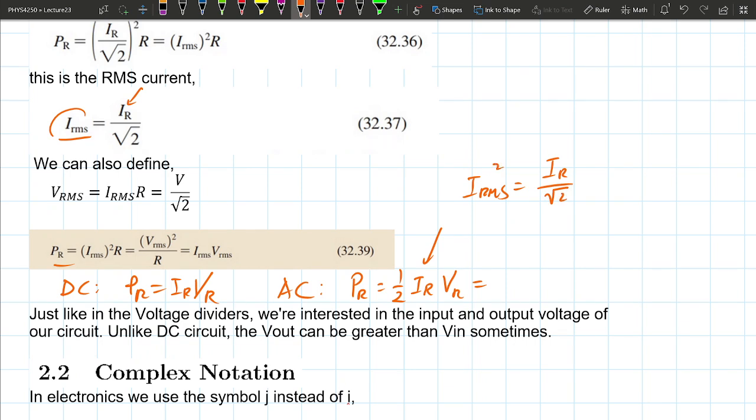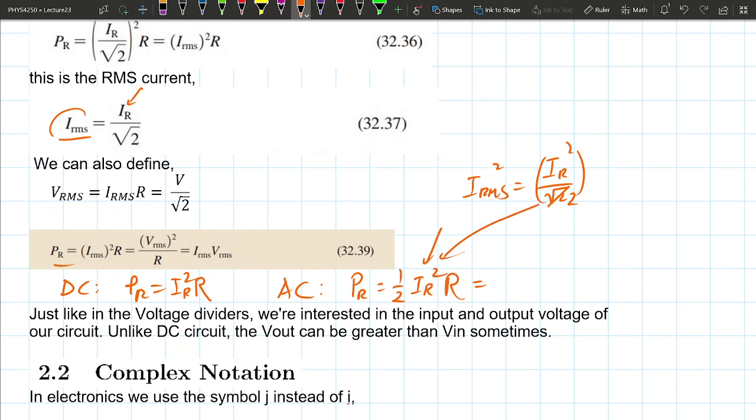If you square this, this goes to 1/2. Oops, sorry, I did this wrong. It's I squared times R. I knew that was a resistor somewhere, right?